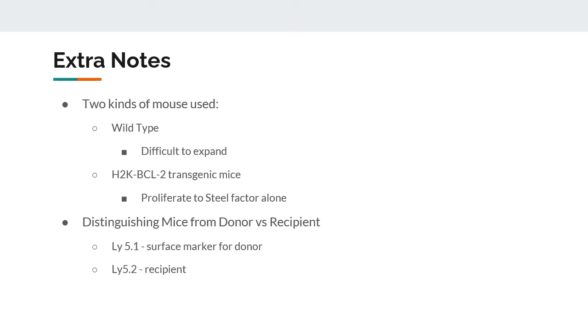I also wanted to note that the researchers, in order to distinguish mice as either being the donor or recipient, use cell surface markers that are always expressed in certain mice. So in this case, we have Ly5.1, which is always expressed in the donor mice, and we have Ly5.2, which is always expressed in the recipient mice.